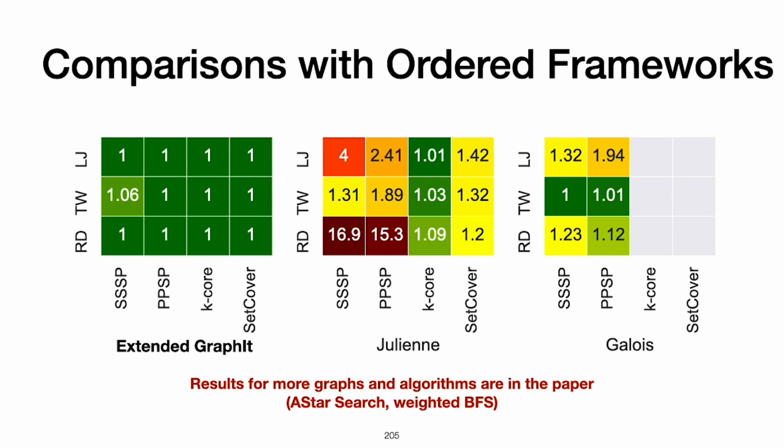What I'm showing here is 3 graphs, LiveJournal, Twitter and a road graph, in 4 different algorithms: single source shortest path, PPSP, k-core and set cover. And we are running it with GraphIt, Julienne and Gunrock.